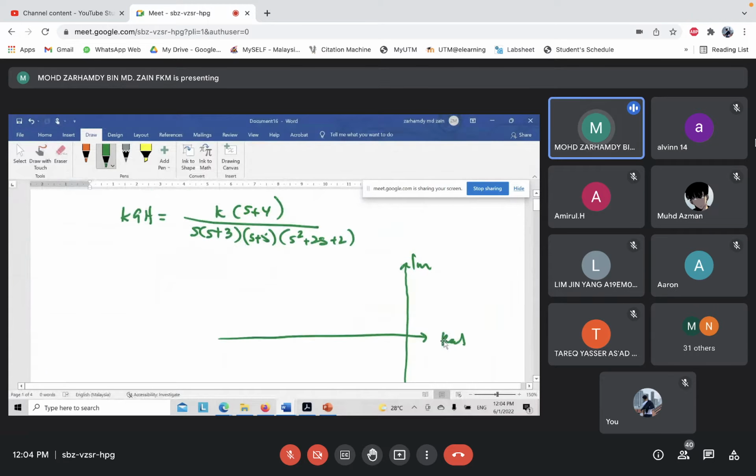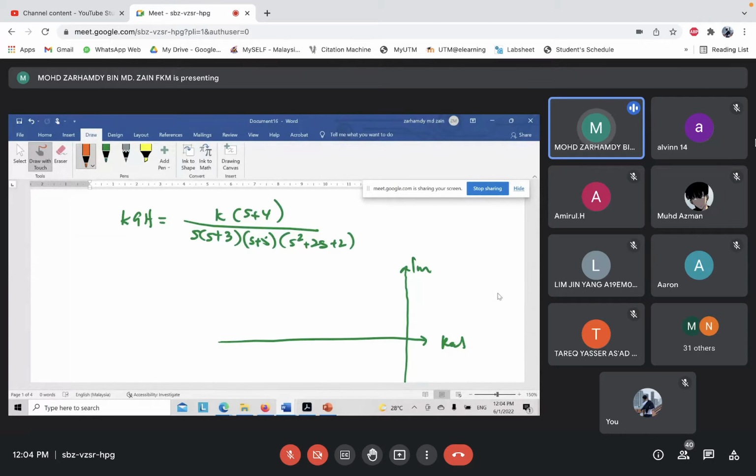Okay, so now from here, we have the first step. The first step is to come up with the zeros and poles.